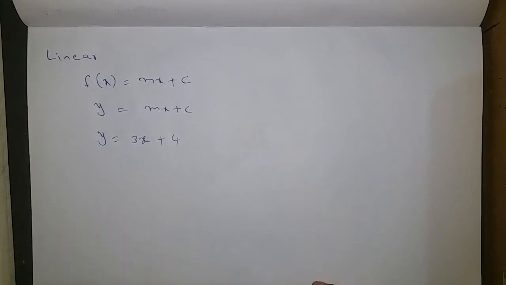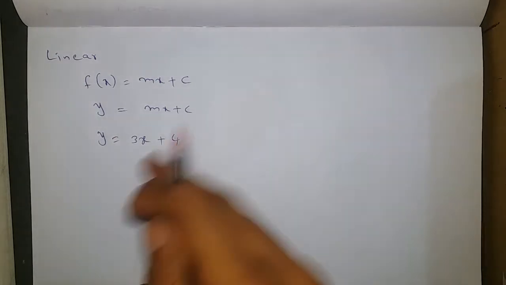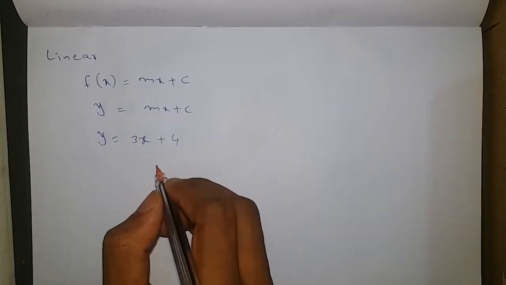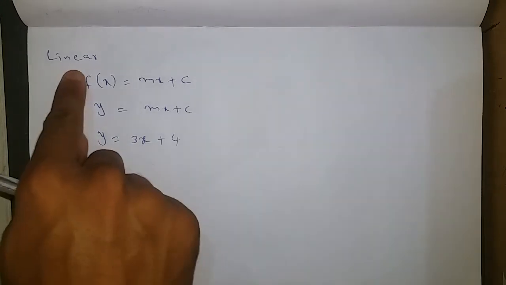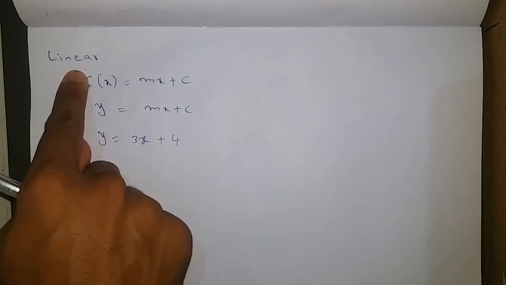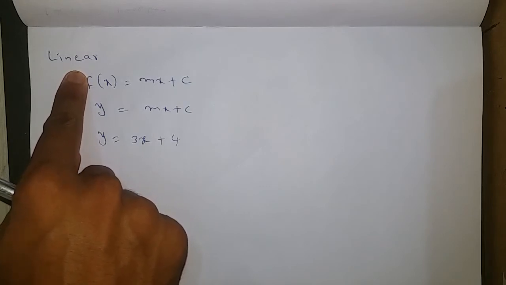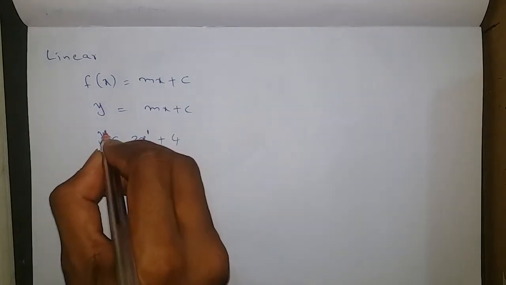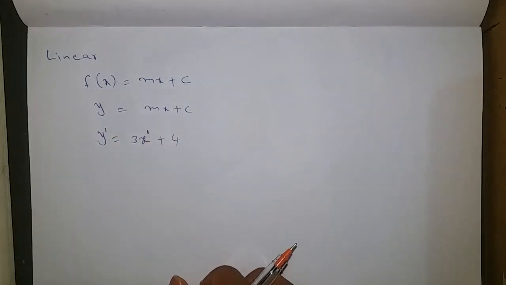So y is equal to 3x plus 4. This kind of equations are called linear equations. Linear is nothing but the degree of the equation is 1. For x the power is 1, for y the power is 1. So the maximum power is 1. If the power is 1, it is said to be linear.